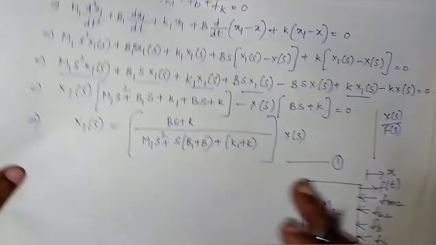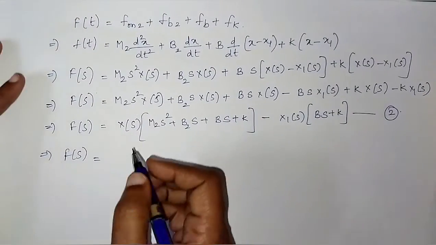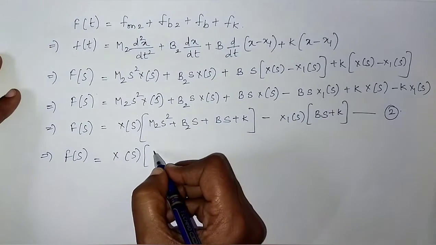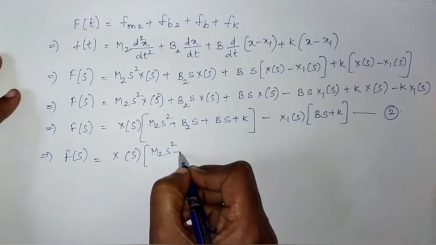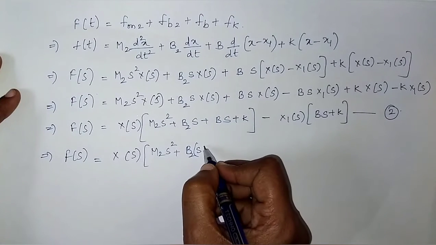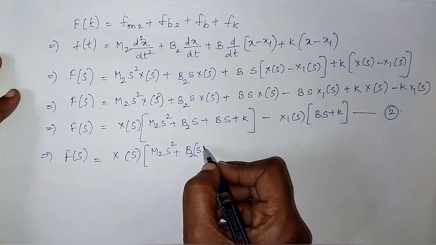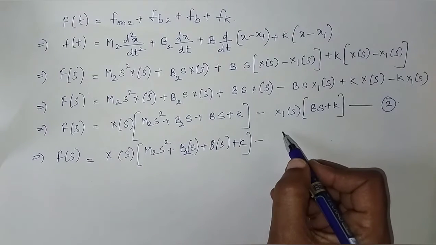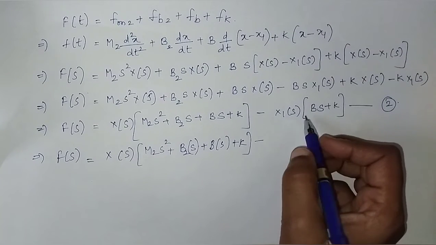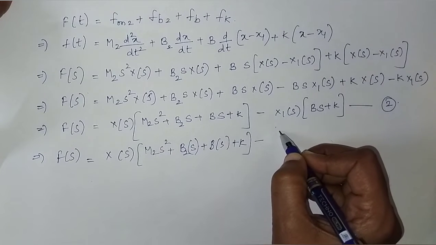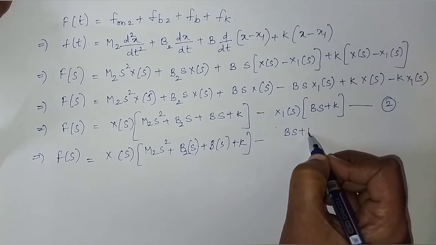F of s is equal to m2 s square plus b2 s, now x1 of s from the earlier equation 1, that is nothing but bs plus k we get.